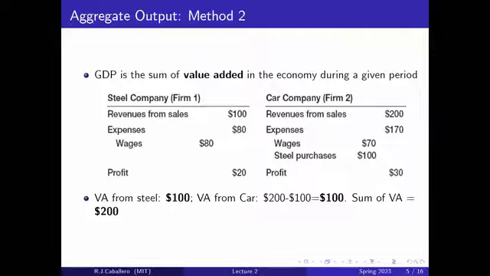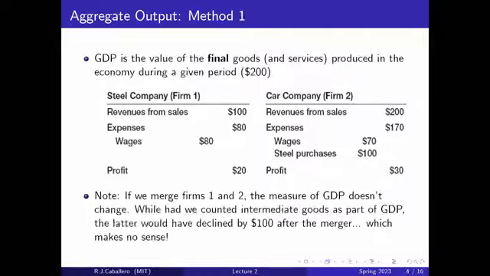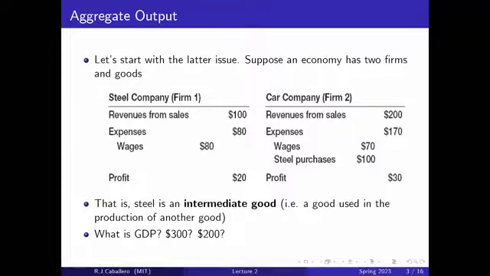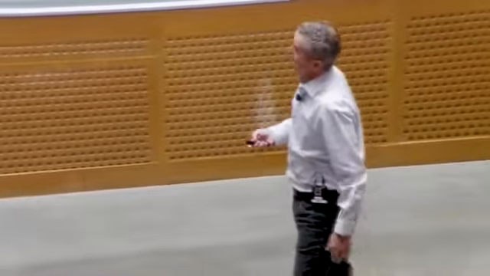And the same happened with method one, because still the sales of final goods is only 200. The naive approach of just summing output would be terrible, because once you merge it, output would collapse from 300 to 200. That tells you that's not the right way of doing things. Okay? So the three methods we propose do work, and are immune to these changes in the organizational structure.